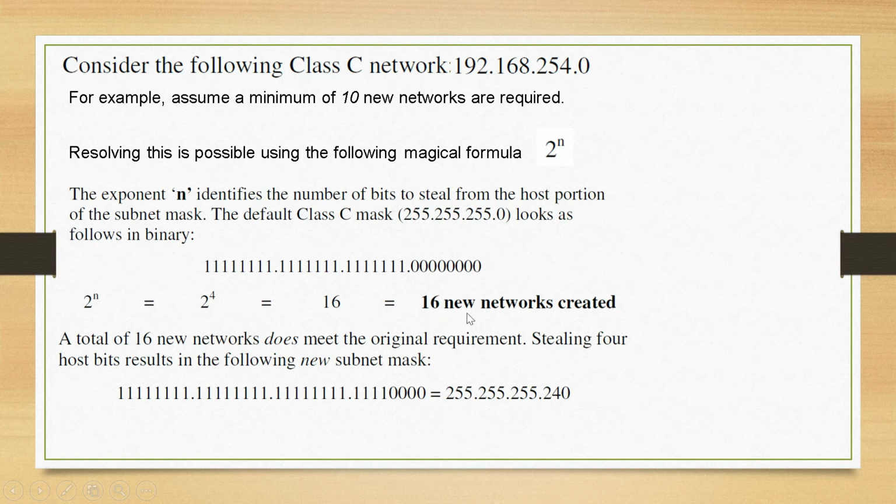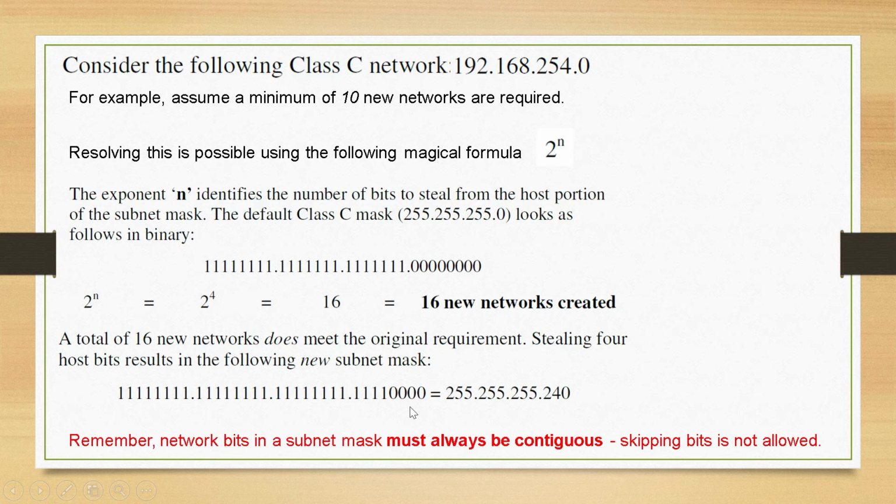So if that is the case, then we are going to have 4 bits stolen from the subnet mask 255.255.255.0. Since the subnet mask must always be contiguous, that is, skipping bits is not allowed, we are going to continue from the third octet up to the fourth octet with the 4 stolen bits.